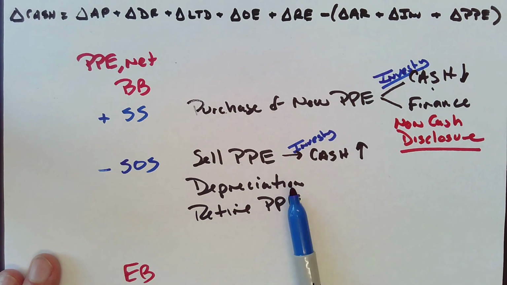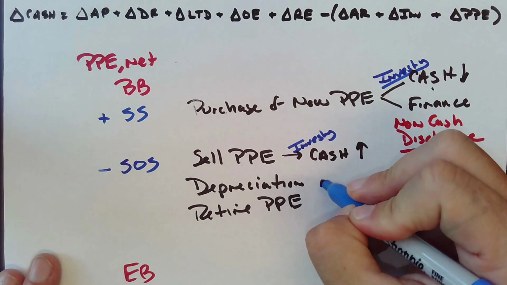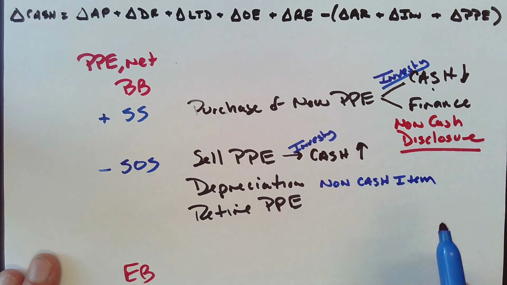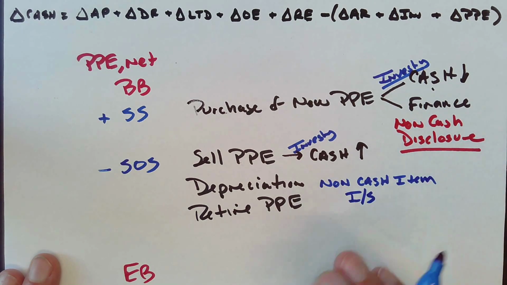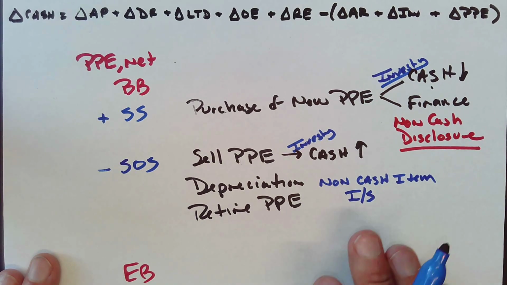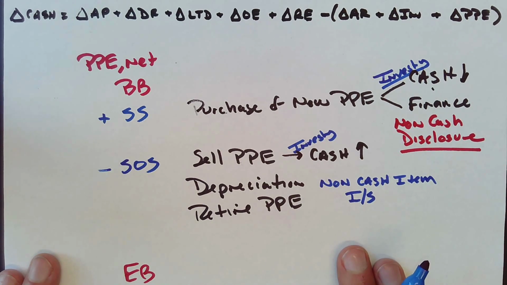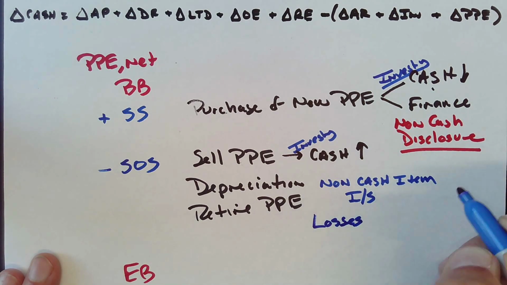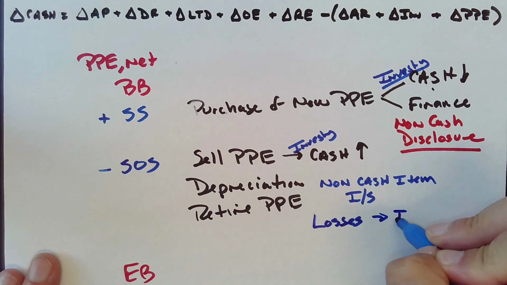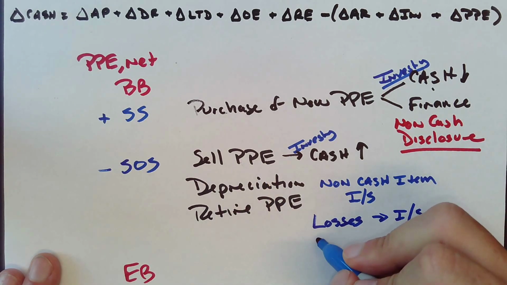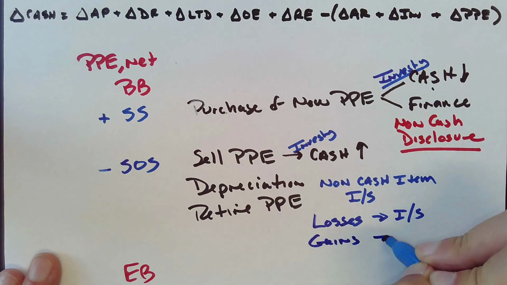Depreciation, we're going to have to come back to that, because depreciation is a non-cash item. That runs through the income statement. It lowers net income. And if I retire PP&E and I recognize a loss, losses are also going to run through the income statement. Just as if I sell PP&E for a gain, gains are also going to run through the income statement.